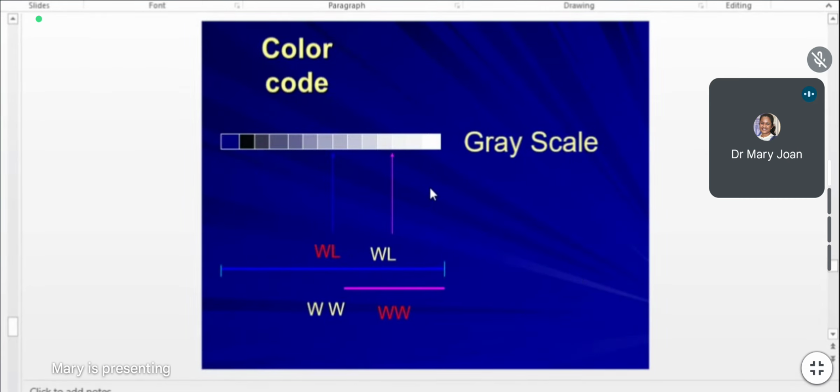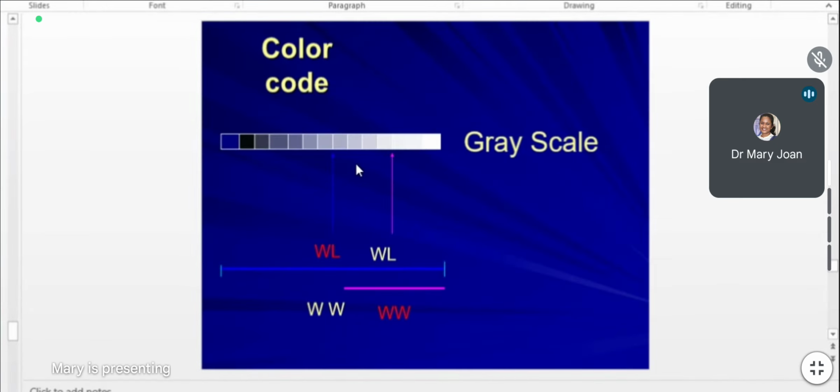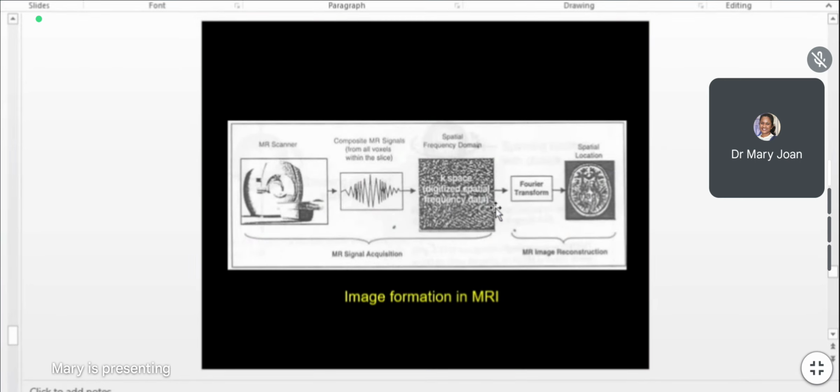And then we can color code them with respect to the signal intensity on the gray scale or any scale. So this is in a nutshell what happens in image formation in MRI.